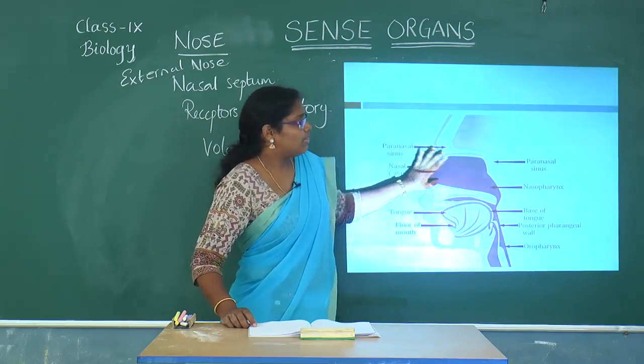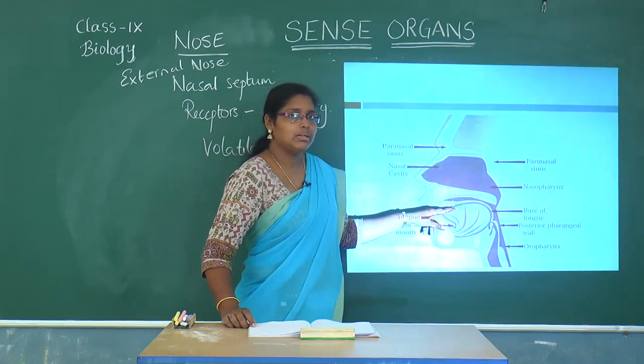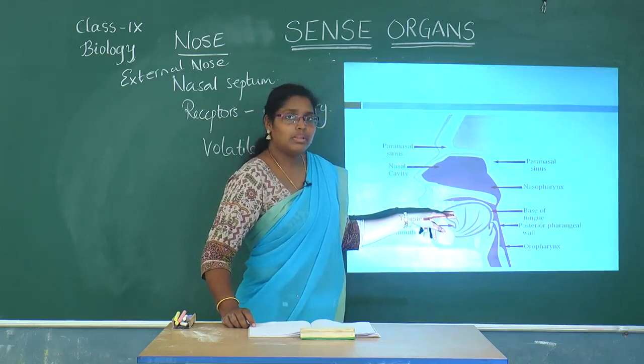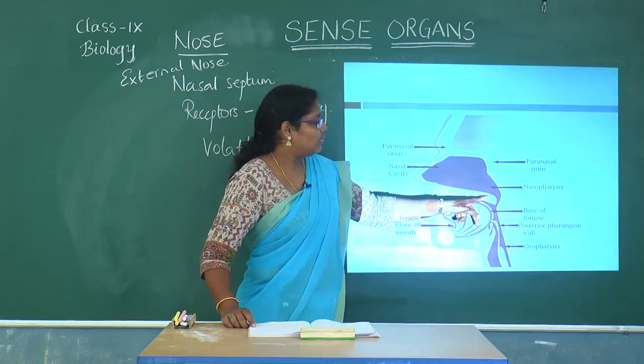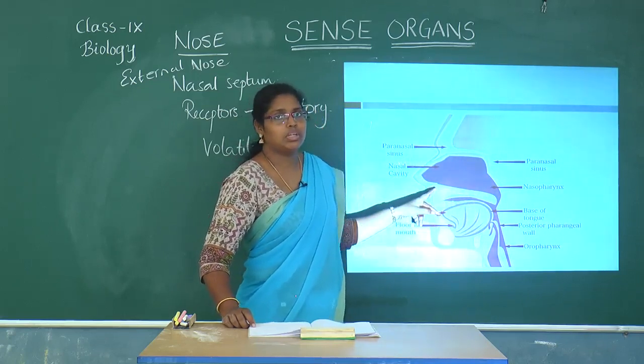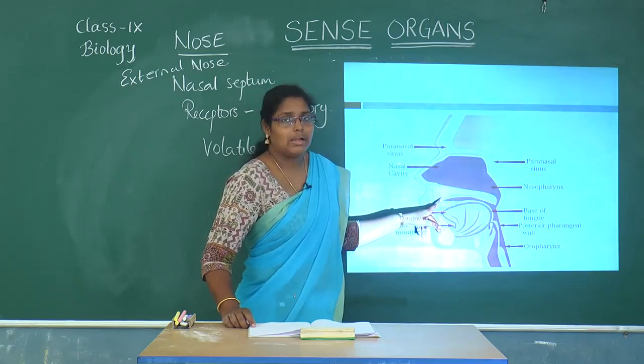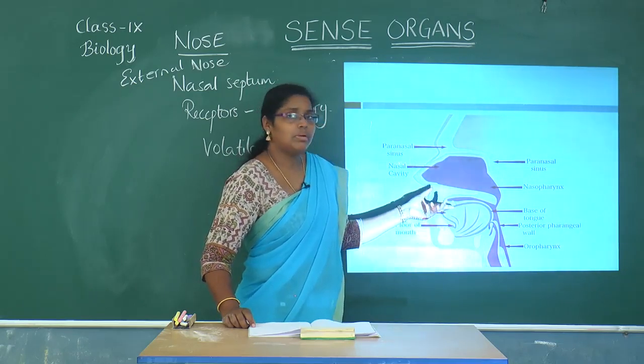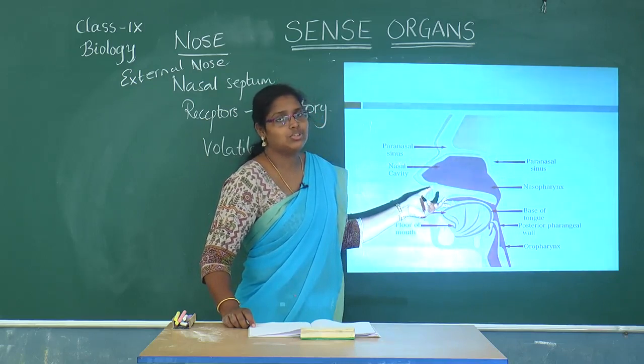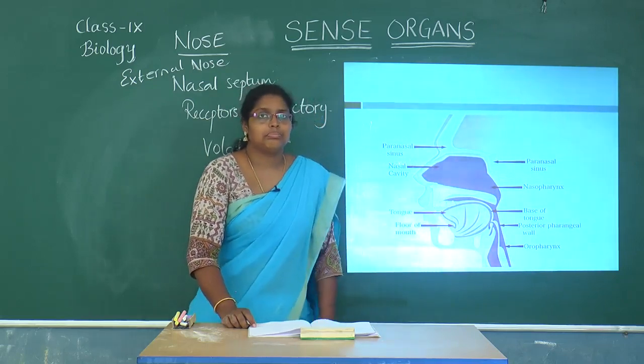In humans the nasal cavity is separated from the oral cavity with the help of a bony plate called the palate. This part we'll discuss in the next sense organ, the tongue.